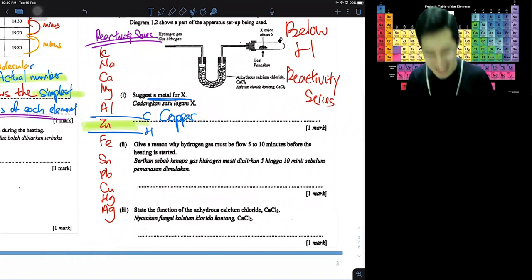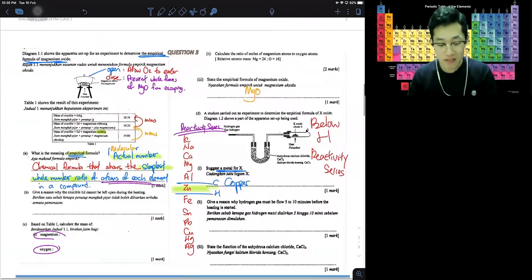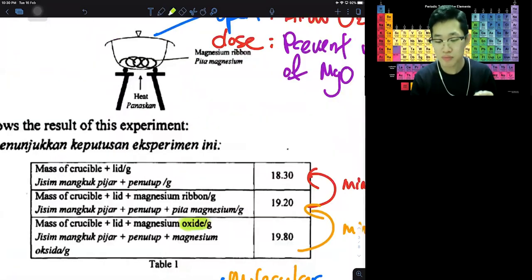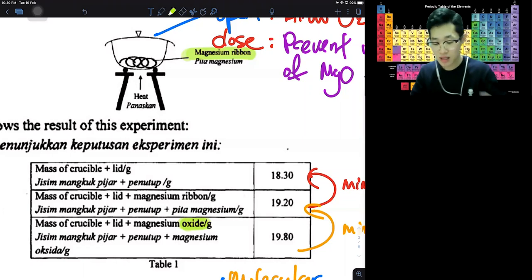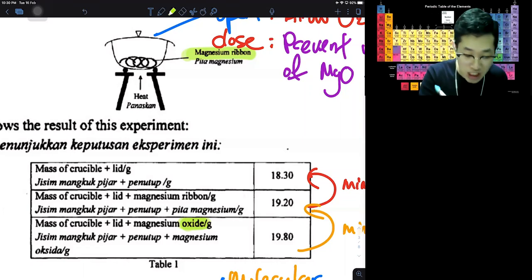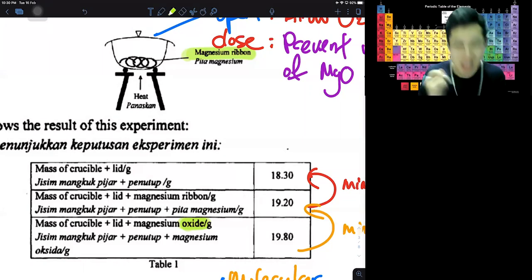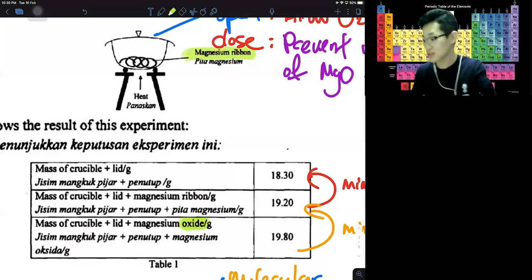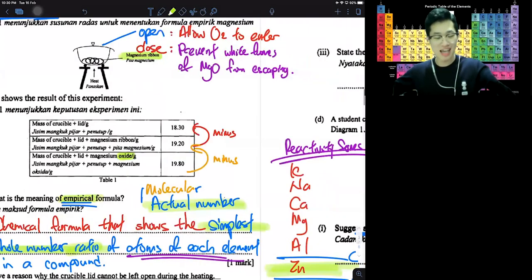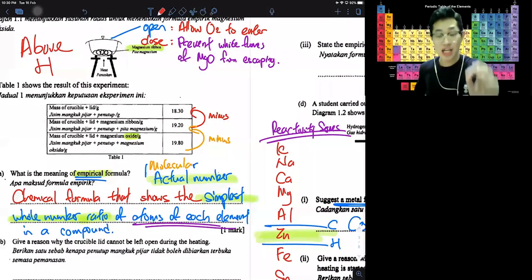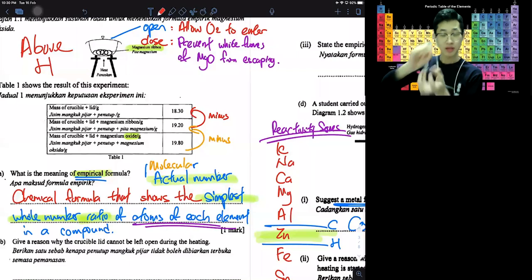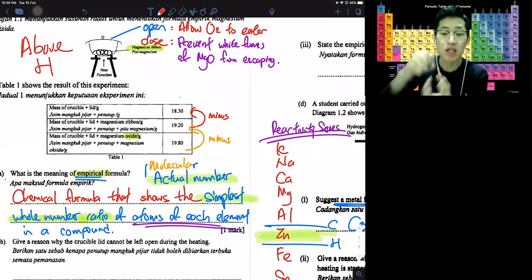Okay, and then, if they ask you, if I do want to use magnesium ribbon, we can change it to what kind of substance? What metal? Anything above H. Above H in the reactivity series. Sorry, it's lagging. Above H, use open close. Above H, use open close.